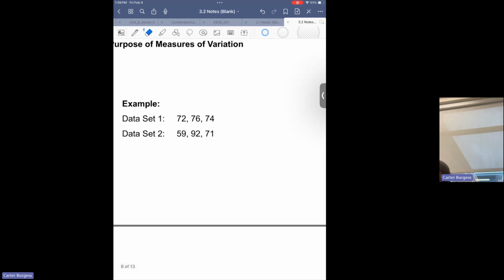We are given two data sets, and we're going to start with trying to figure out what the mean, what the average, the middle of these data sets is going to be. So take a moment, figure out what are the X bars for data set 1 as well as for data set 2. Figure out those numbers.